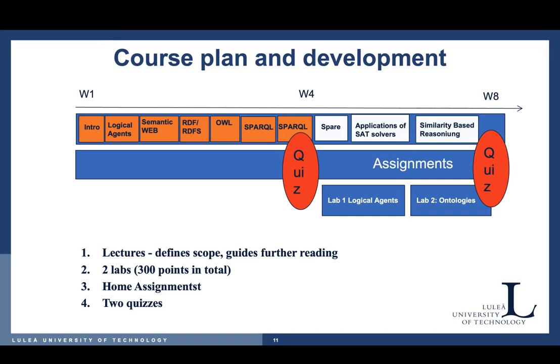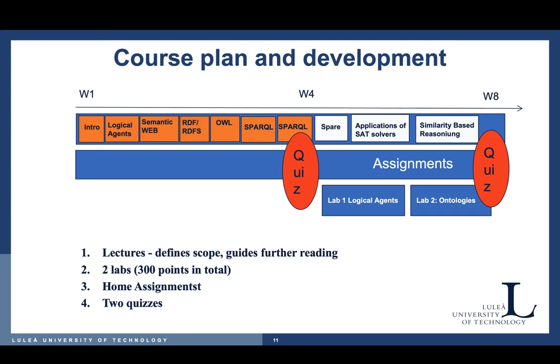We have, as I mentioned, 2 labs in this course. One lab is dedicated to logical agents and propositional logic, and the second lab to the semantic web, so working with an ontology.